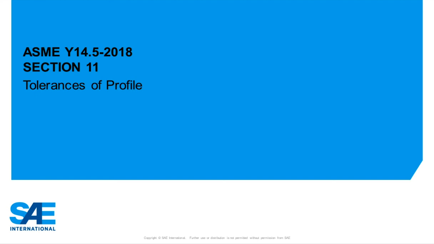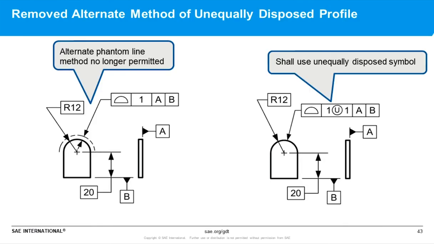Let's go to section 11, talk about tolerancing of profile. Many of you may remember from the older, I believe '82 and '94 versions of the standard, you could draw phantom lines to indicate the profile tolerance zone if it wasn't equally disposed about the true profile. In this case, we're showing a unilateral tolerance zone that applies to the outside of the surface only.